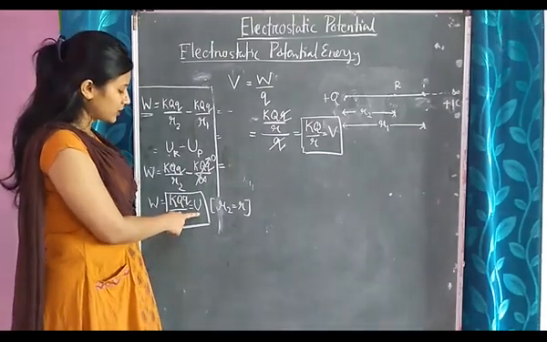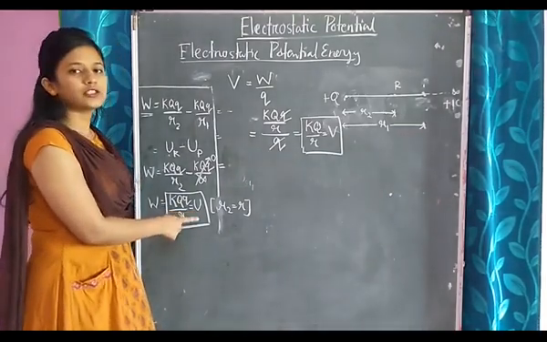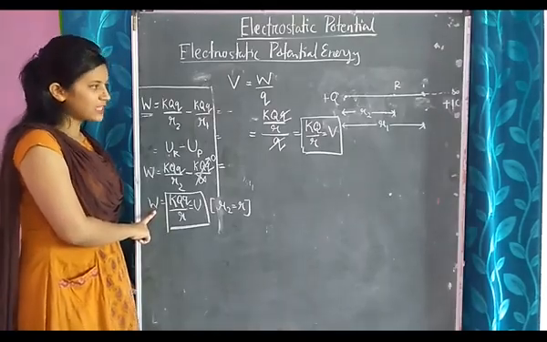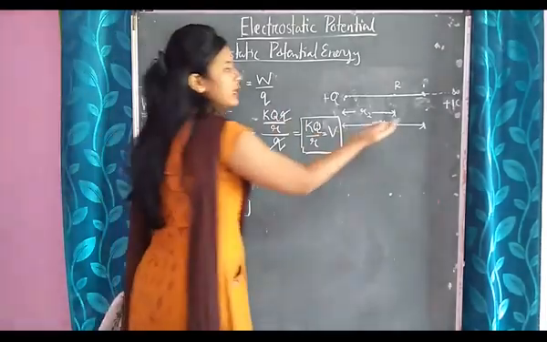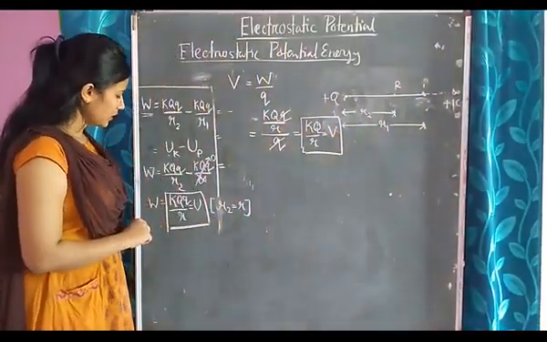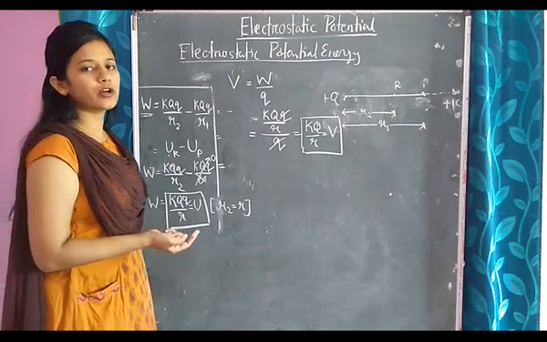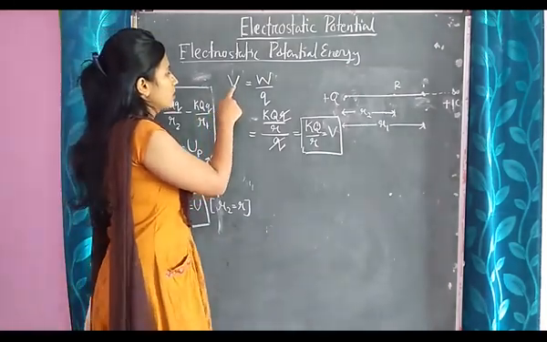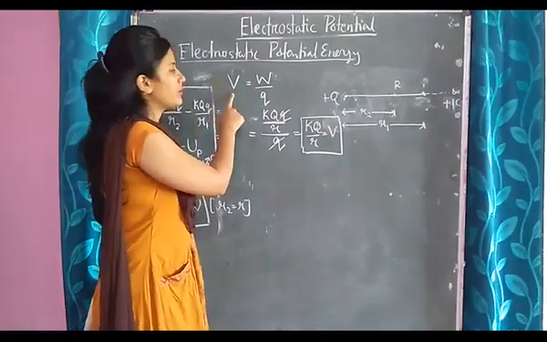Electrostatic potential energy is defined as the work done in bringing a charged particle from infinity to that point. And whenever we are saying for a unit positive test charge, that is electrostatic potential.